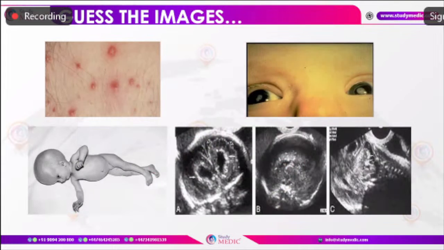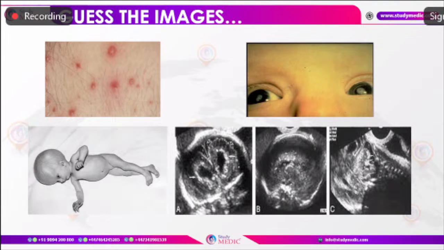We have some images. The main reason behind these images is that sometimes along with the scenario, there can also be an image which can be tested in the exam. The first image, we have multiple small vesicular rashes, which is most commonly seen with varicella. In the second one, we have a newborn baby.